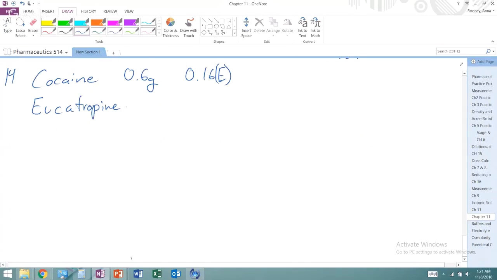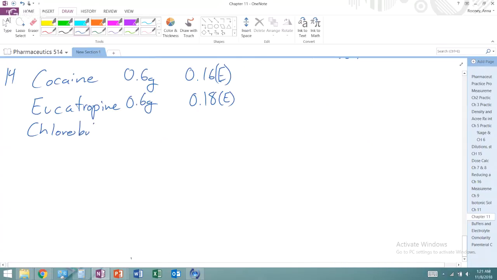Eucatropine, and then this is the E value. It's 1.8. I looked it up so you don't have to. And then you should look it up. You should learn how to read these tables and go cross-eyed because that table was very, very small print.